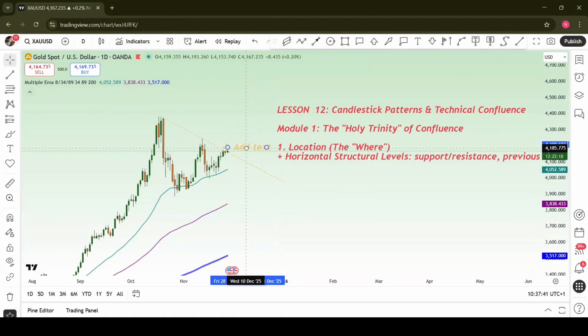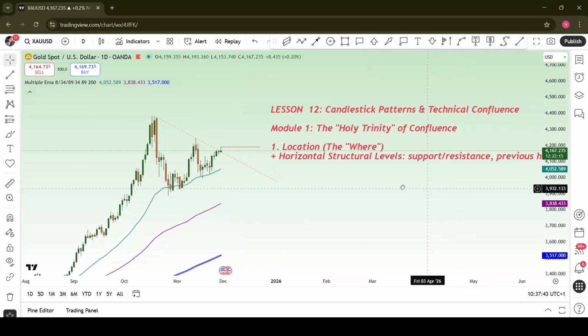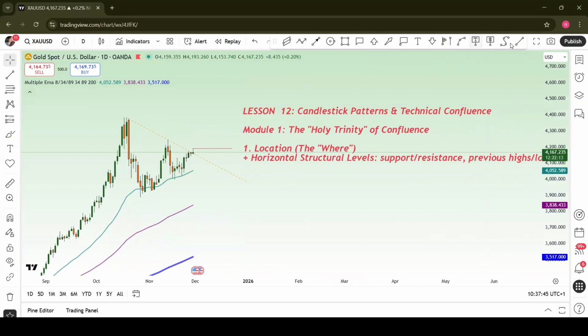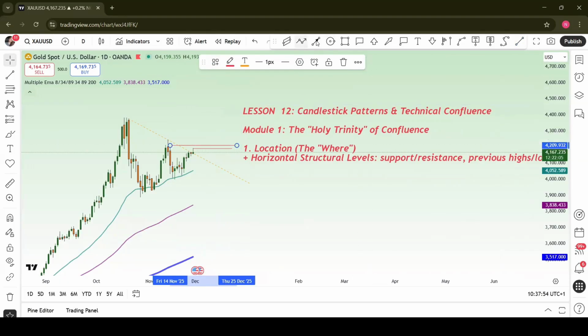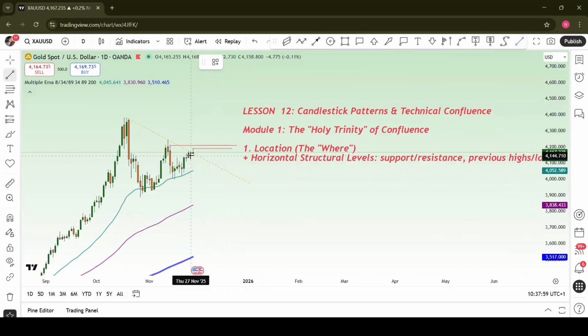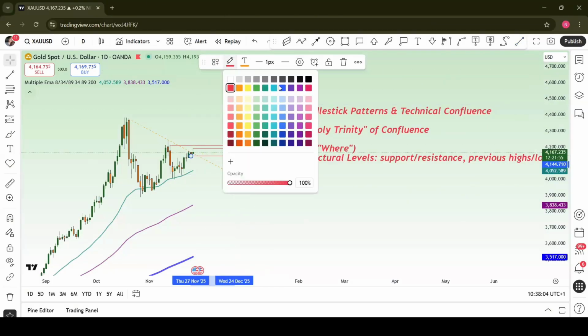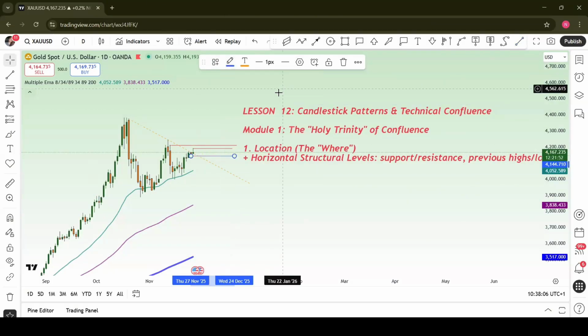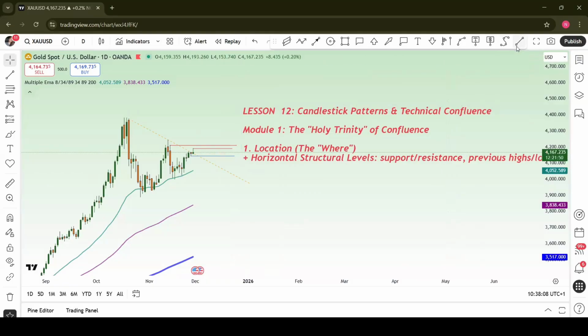Okay, and we can look at the previous highs or lows as well. The previous highs will indicate a resistance zone. And for the previous low, we will identify it as a support level and use green or purple to indicate the support zone.